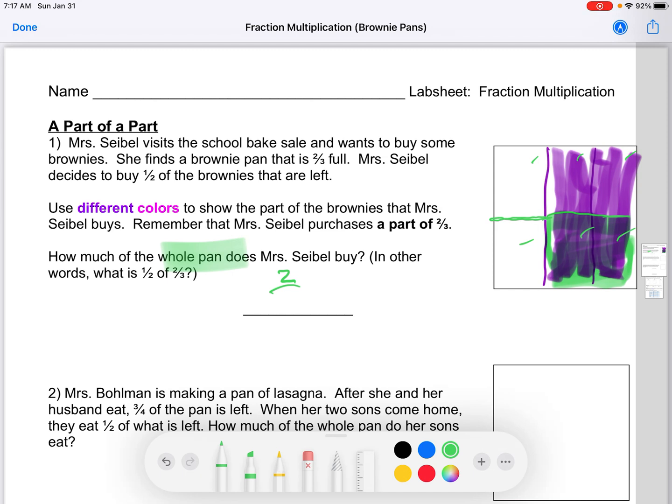And Mrs. Seibel buys 2 of those 6 pieces, or 1/3 of the original amount of brownies.